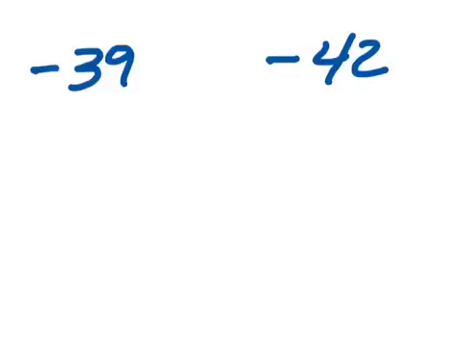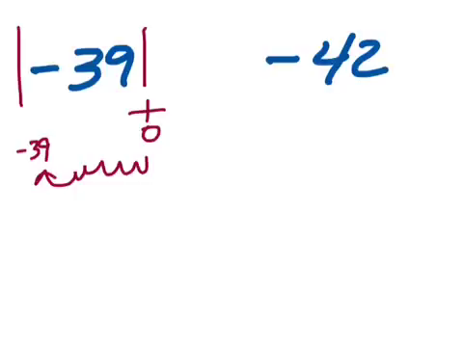This should be pretty easy then. You're starting at 0 in both cases. To get to negative 39, it takes 39 steps, so the absolute value of negative 39 is 39.